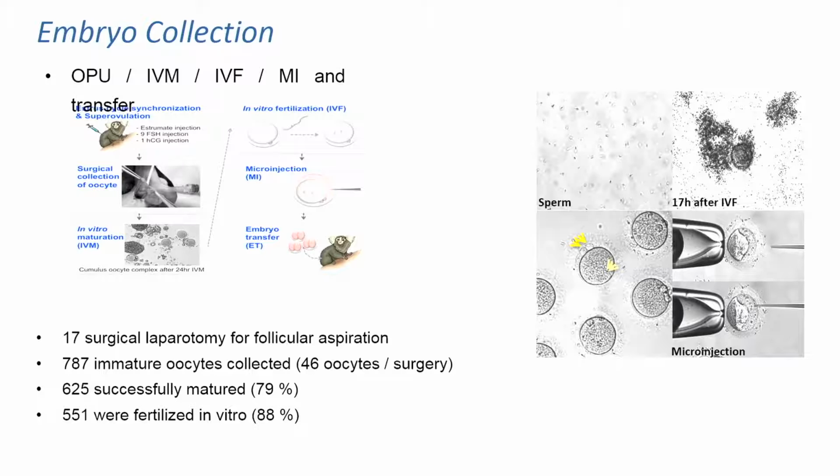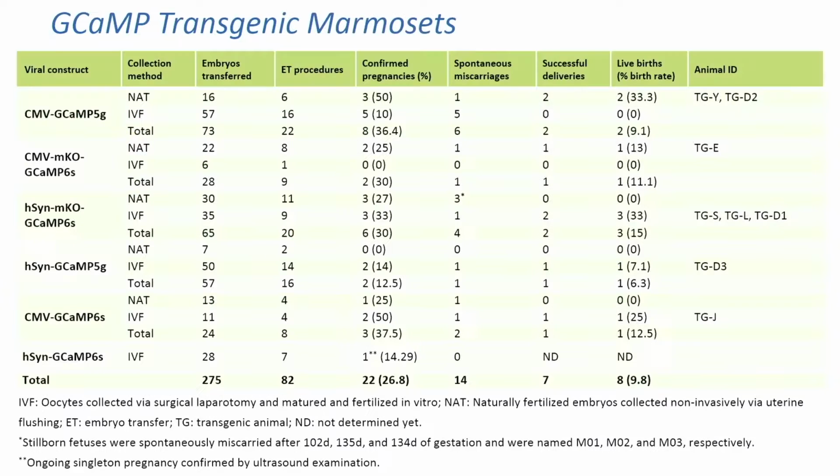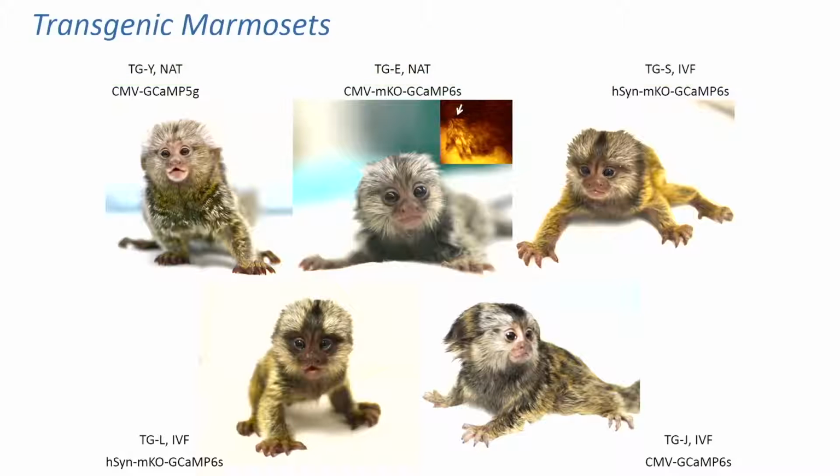The advantage here is that not only do we collect many more oocytes from every female, but also that after IVF, we have access to the embryo at the single cell stage so that we can do our introduction of the transgene right here, and we should have less mosaicism with this. So in doing a lot of these experiments, out of 275 embryos that were transferred into recipient females, we got 8 live births. And these are 5 of these animals here.